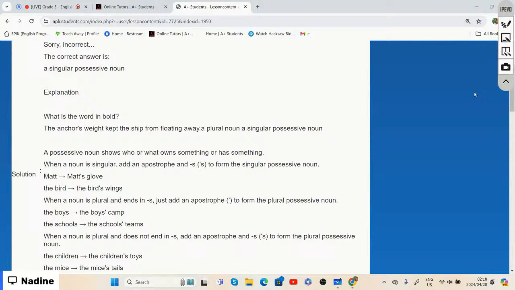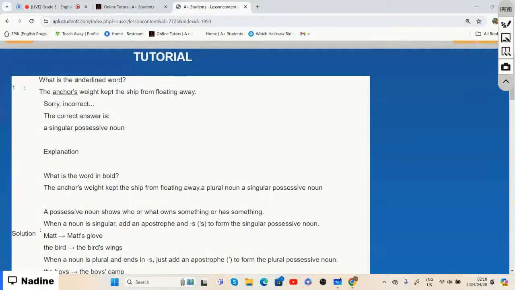So now we need to say what the underlying word is. We need to say if it is a singular possessive noun, a plural noun, or a plural possessive noun. And remember, we said that a possessive noun, whether it is singular possessive or plural possessive, shows who or what owns something or has something.